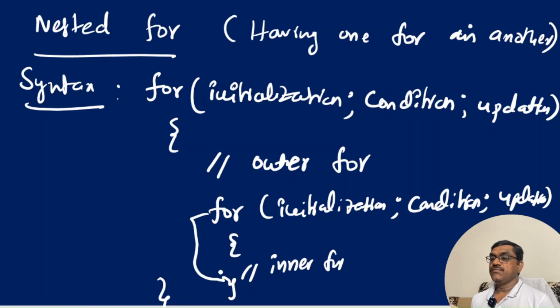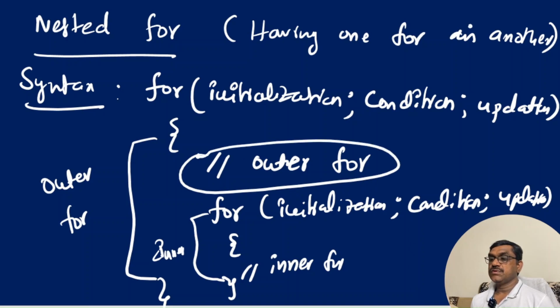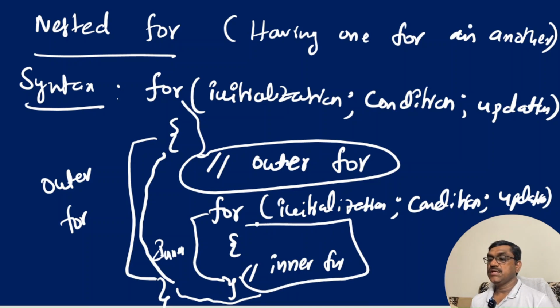This is the body of inner for and this is the body of outer for. This area belongs to outer for and this area also belongs to outer for. But the area which comes under the inner for belongs to inner for. This is the syntax of nested for.